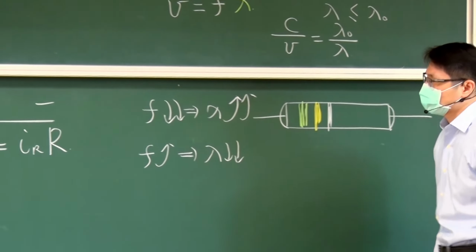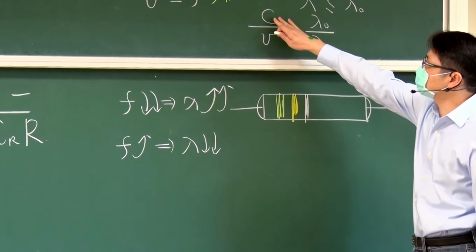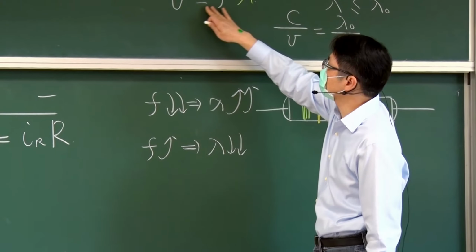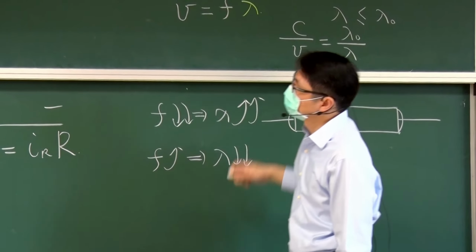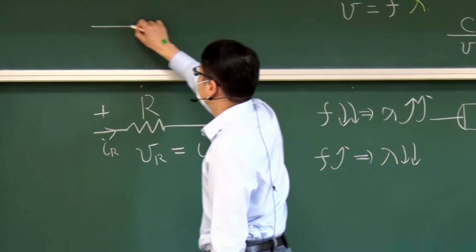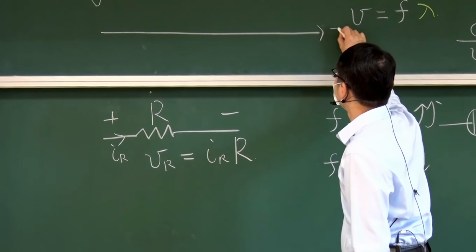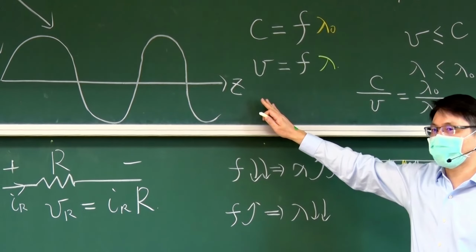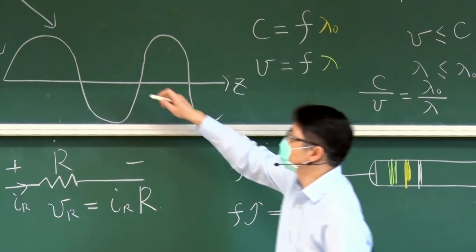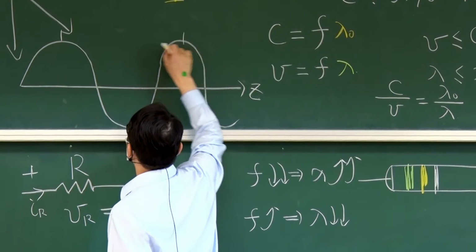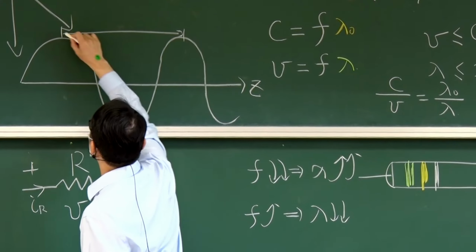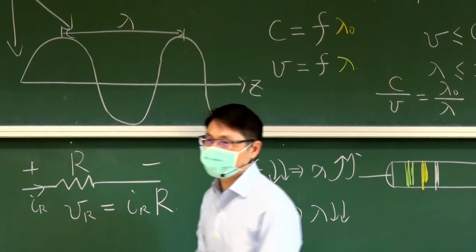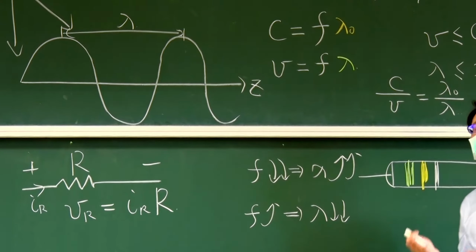And then you have to ask a question. C equals, or V equals F times lambda. So in terms of space, I'm trying to plot the wavelength information for you. So this is one wavelength for a given frequency.